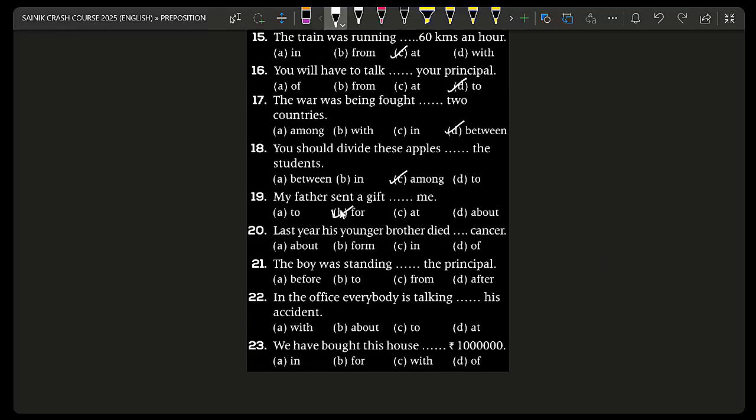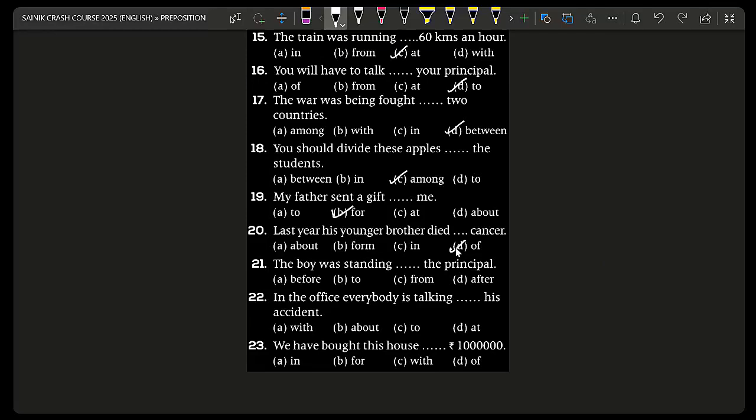Wrong answer. You should use "of". Died of cancer. That means if a person died because he was attacked by cancer, you should say that person died of cancer. Whenever you talk about death due to diseases, after "died" you should use "of". Died of cancer. Next question.